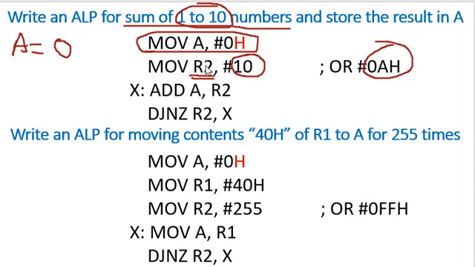Next, R2 has the initial content 10. Now the same content we are going to add with the help of this instruction. ADD A, R2 indicates that the A plus R2 operation will be done, that is 0 plus 10, and the result will again be stored to A. Let me erase this particular portion so that it will be easier.